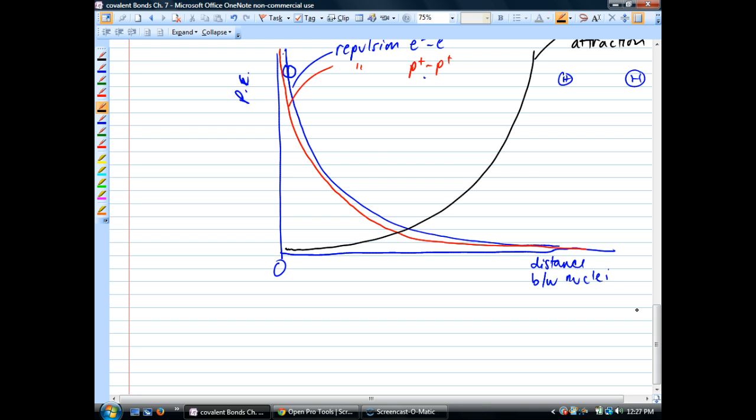And so what happens is this system seeks the lowest point on this curve, just like a ball would roll down the hill and find the lowest spot and stop. Okay? And so this point right here on this x-axis is the internuclear distance.